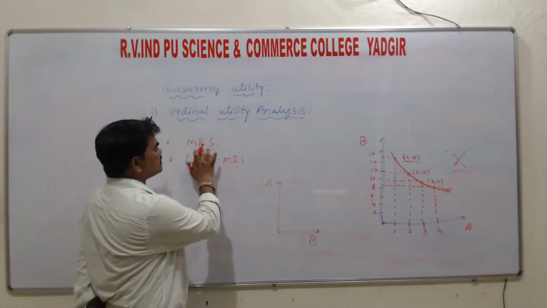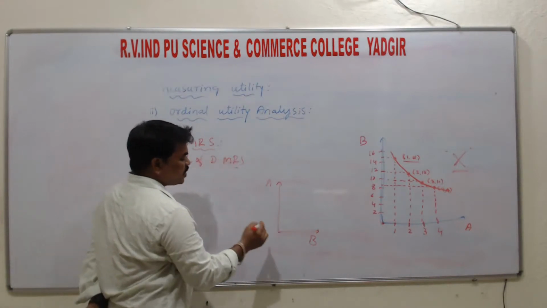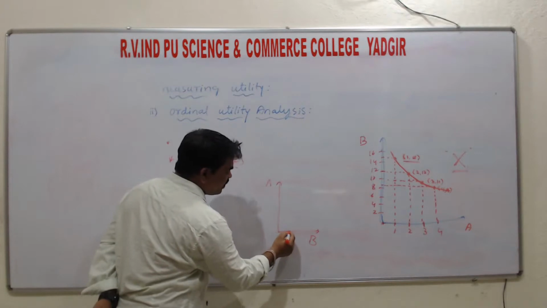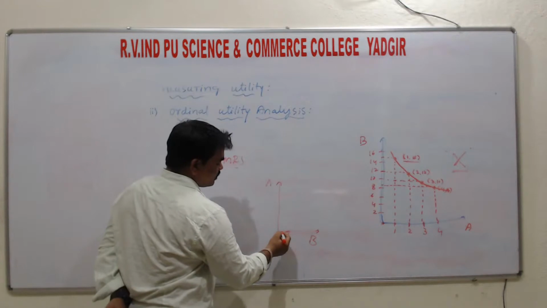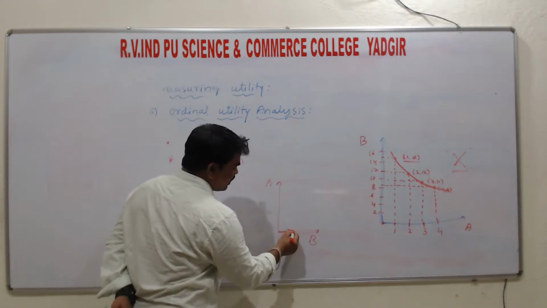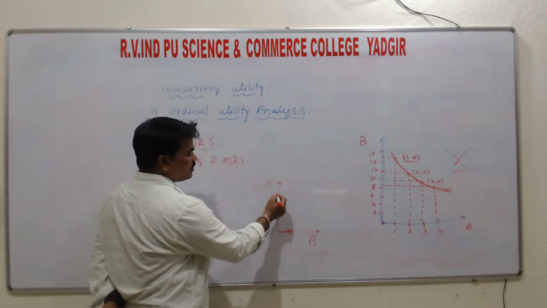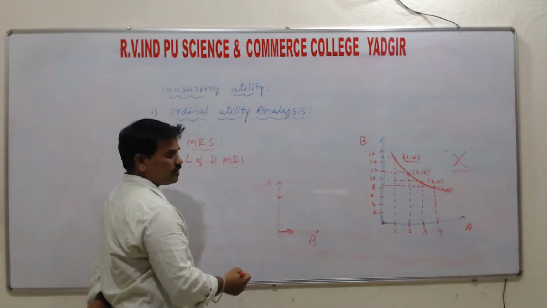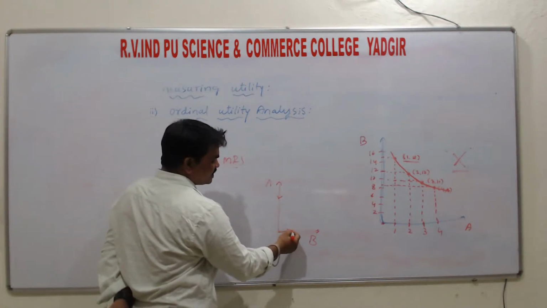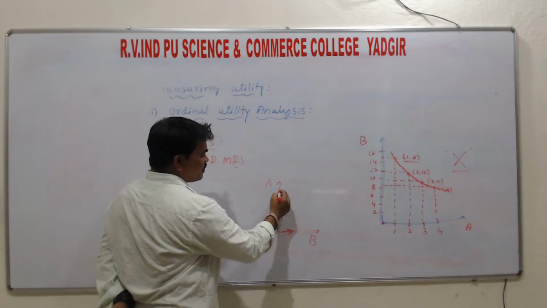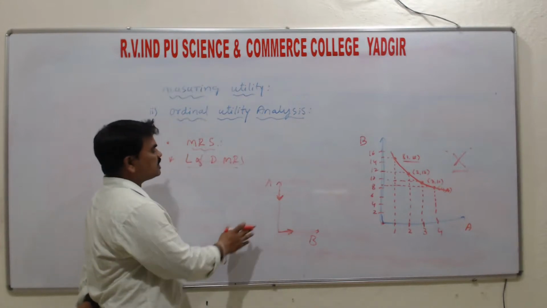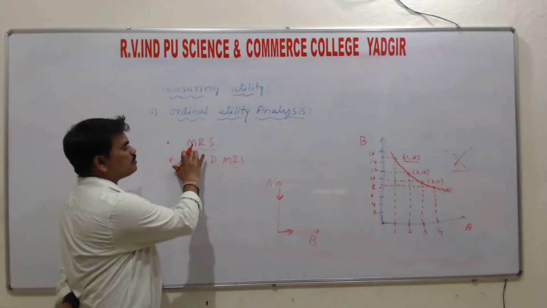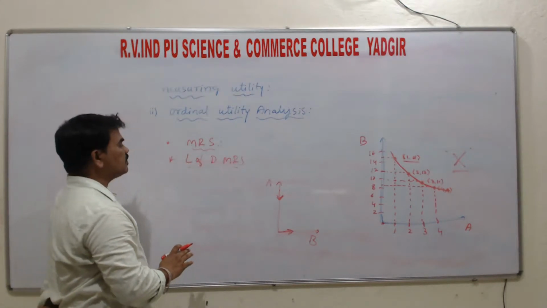The marginal rate of substitution means to substitute banana with apple. If he wants more bananas, he has to forgo apples. It means that to increase the number of bananas, he needs to reduce the number of apples. So this is about the marginal rate of substitution.